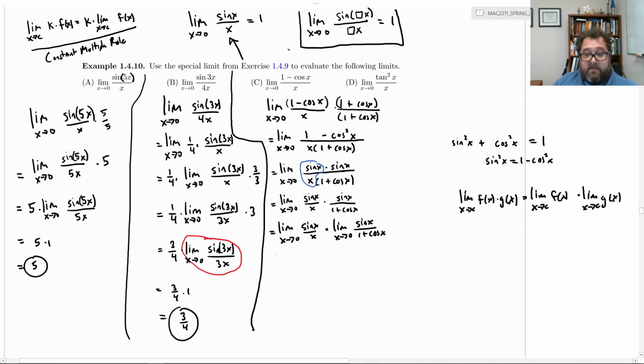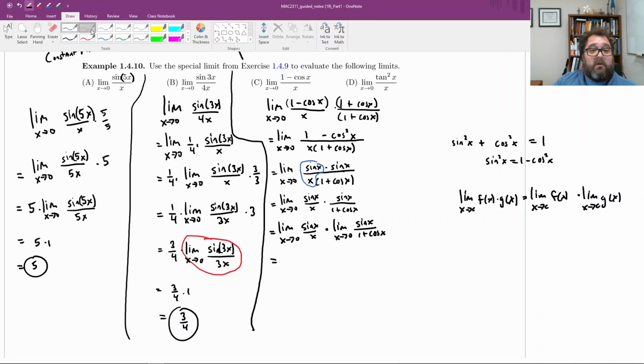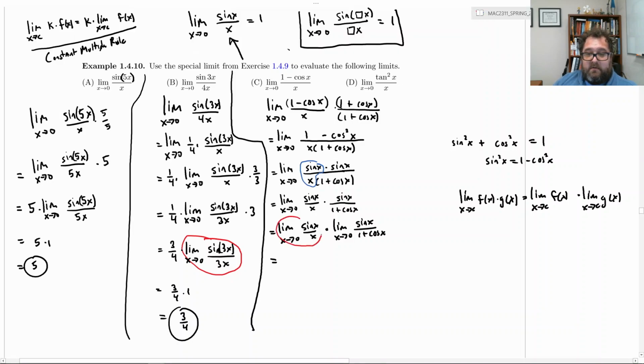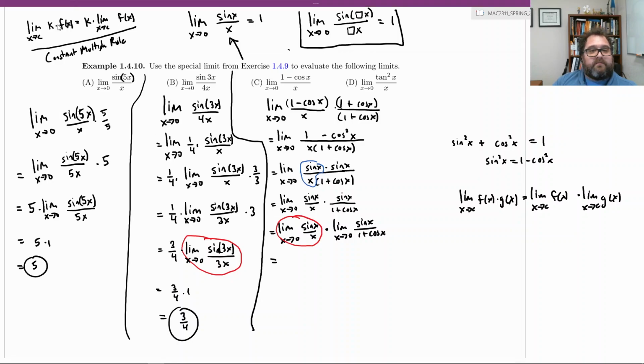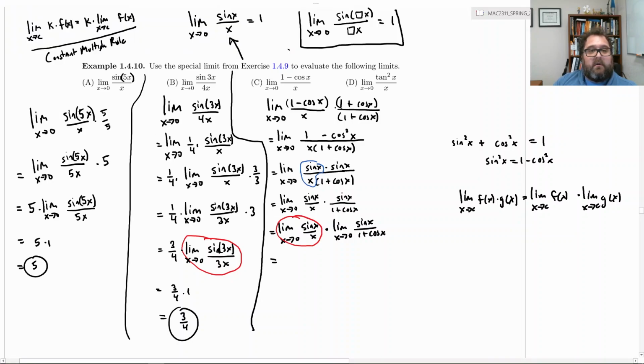I've memorized it. So this first limit is the special memorized limit, and that's just equal to 1. Okay? So 1 times, now this limit is not memorized, but I think I can take it via direct substitution.